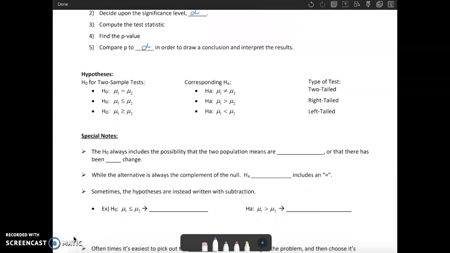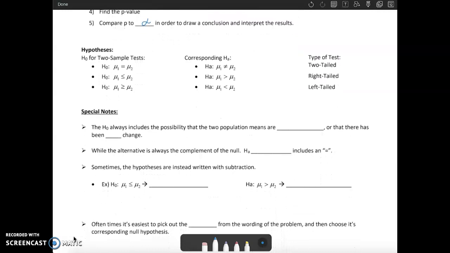So for two sample tests, the hypotheses look a little bit different. Our H sub naught for a two sample test can look like the following. The big key is that the H sub naught always has some sort of an equal to sign.